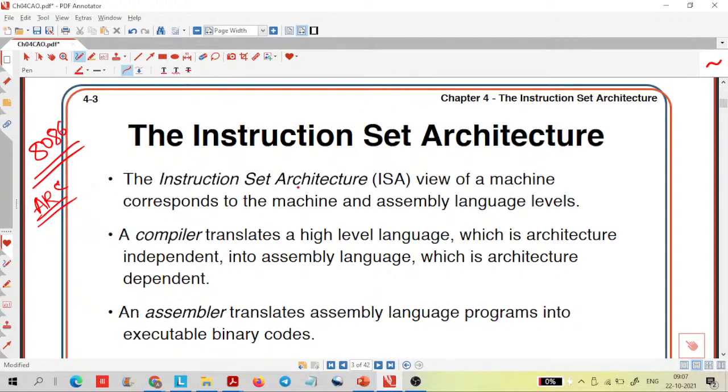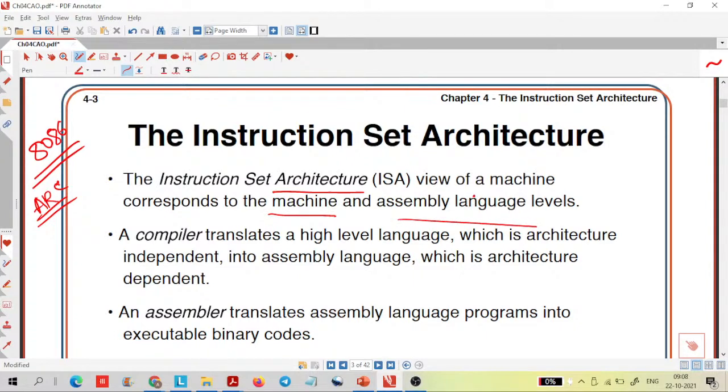You already know instruction set architecture: it means a set of instructions. It is the view of a machine that corresponds to machine and assembly language levels.